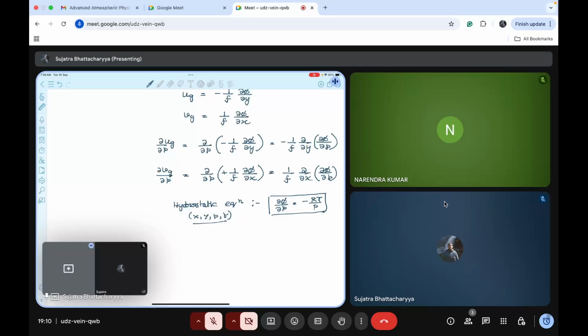Delta phi by delta p is minus RT by p, so it is now proportional to temperature. Since we are talking about thermal wind, there must be a temperature gradient associated. Where should we pick up the temperature gradient? From this delta phi by delta p, right? So this is what we will see. Just a minute.